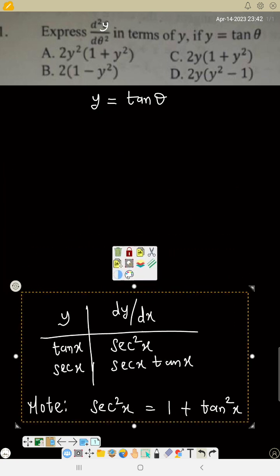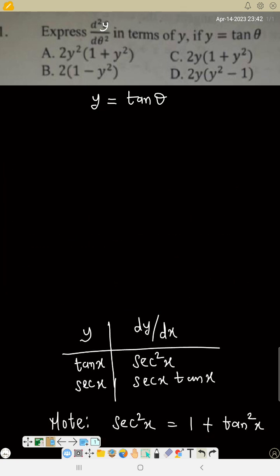Note these identities; they will be useful to solve this question. Now let's solve. Given that y is tan θ, dy/dθ will be sec² θ.